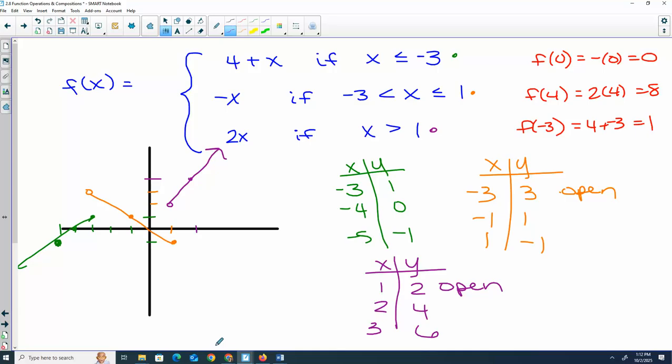Okay, so when g is at 7, it's 6, but then you still have f of g. So if g equals 7, then you gotta plug it in.